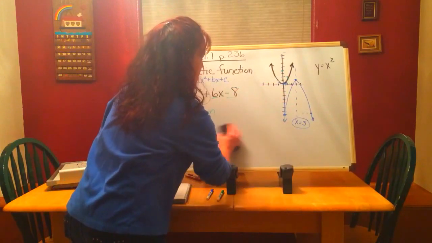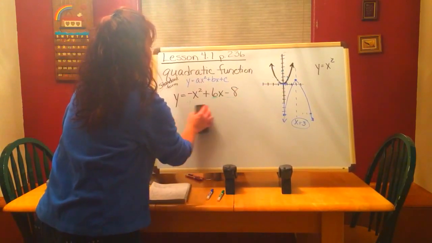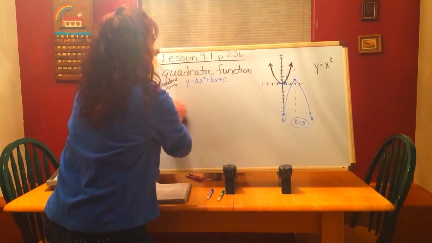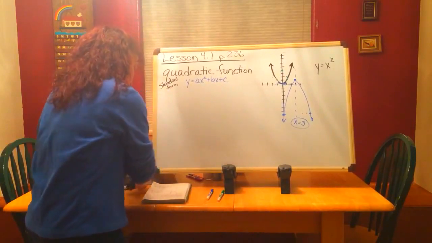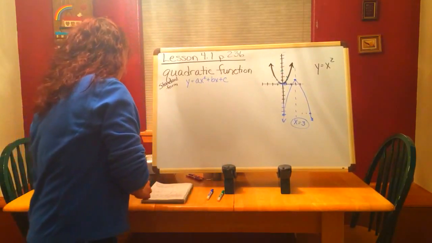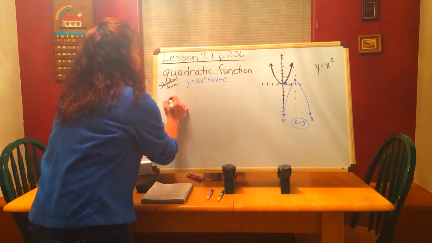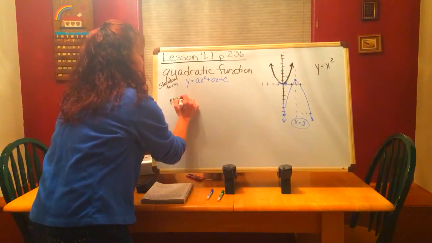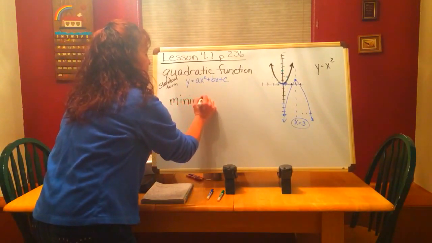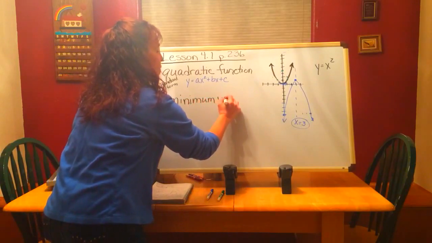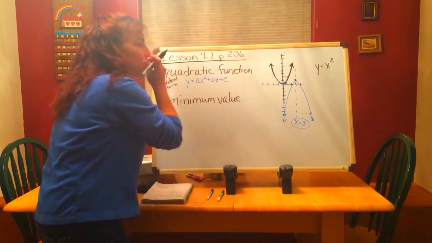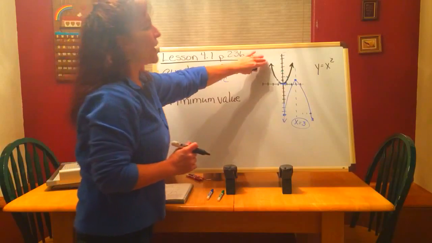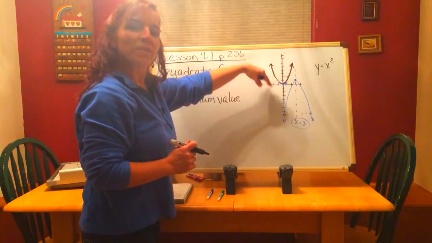Lovely eraser again. We'll find a solution to this somehow, some way. So a minimum value is going to occur in a parabola that opens up.